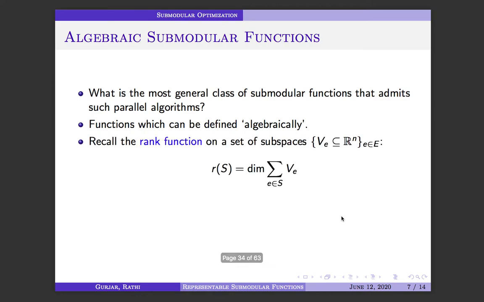One such example was the rank function, which was defined on a set of subspaces. However, as we discussed before, this function is monotone, and that's why the minimization question is not interesting for this.